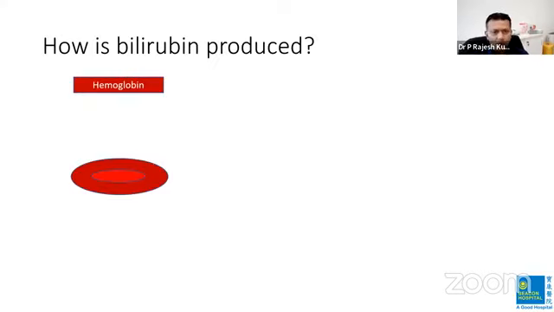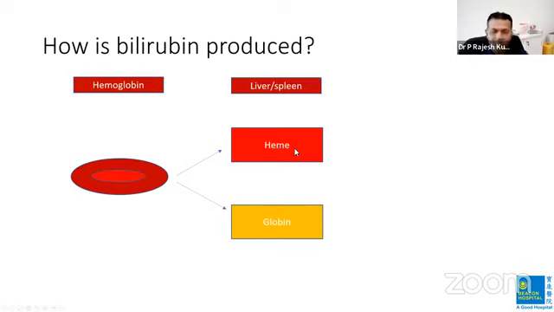So how is bilirubin produced? We know when the bilirubin is high, you become yellow. So bilirubin is actually from the red blood cell. In science, we call it hemoglobin. So this is a picture of the red blood cell. When the red blood cell is broken down in the liver, it's broken into two components. One we call heme, another one is globin.